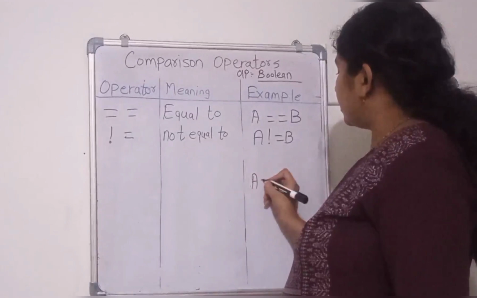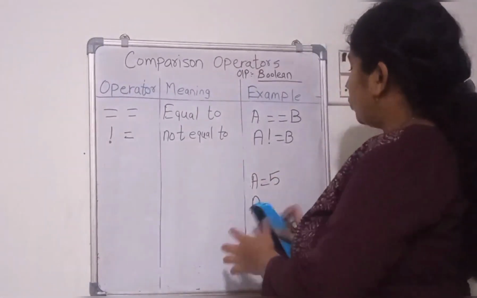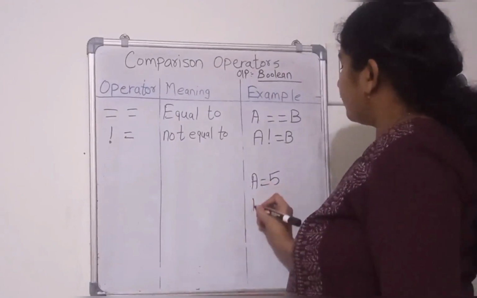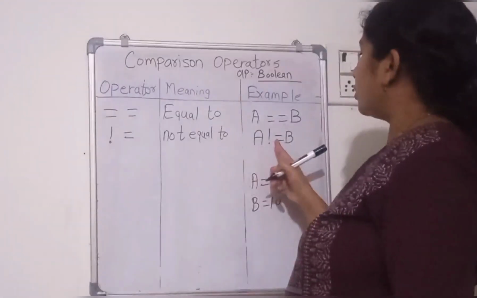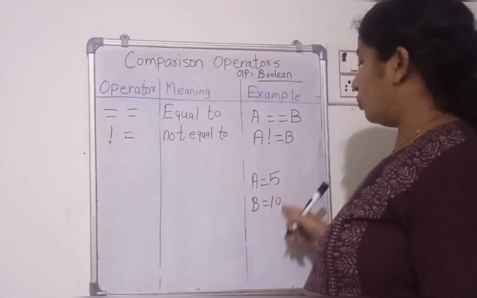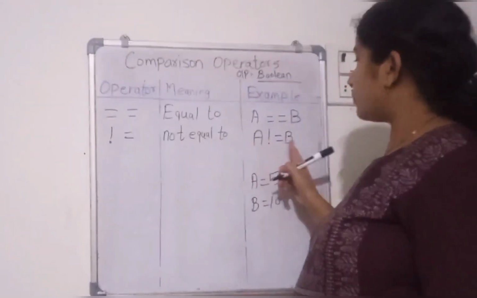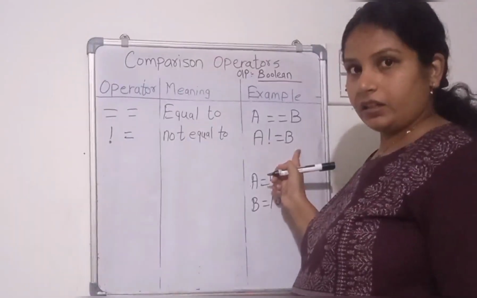Now let's take the values. Suppose here A equal to 5 and B equal to 10. So A not equal to B, this condition is true because both values are different. A is 5, B is 10. So this statement is correct in this case.